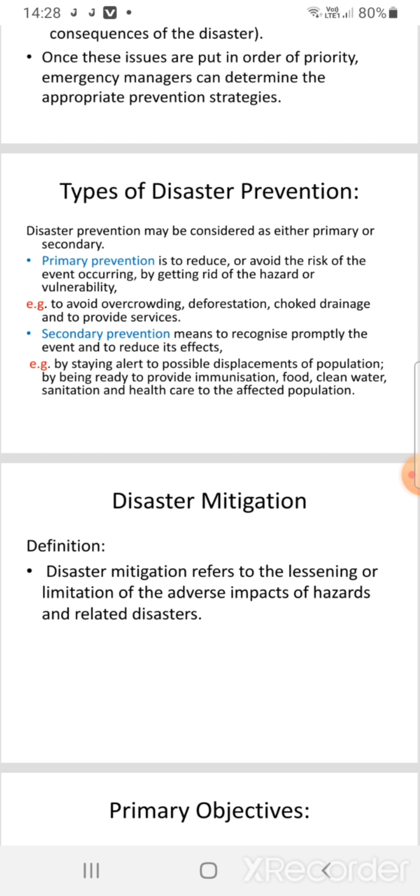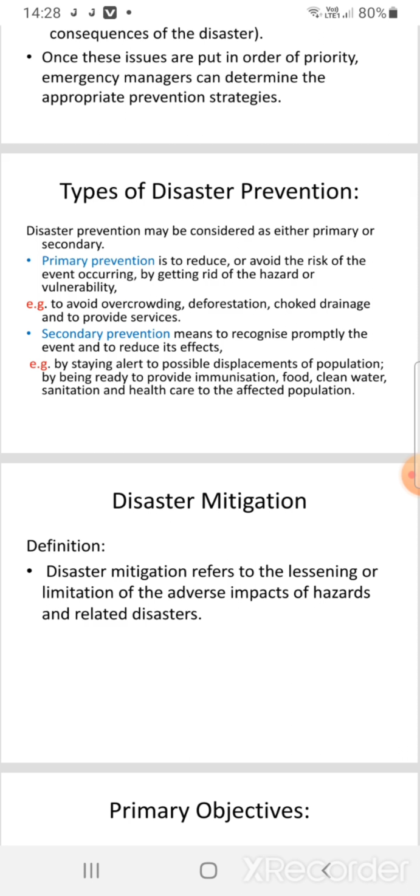This is managed by staying alert to possible displacements of population, being ready to provide immunization, food, clean water, sanitation, healthcare, etc. In primary prevention, the root cause of the disaster itself is cut off. In secondary prevention, the hazard is allowed to happen, but the effects are cut off.